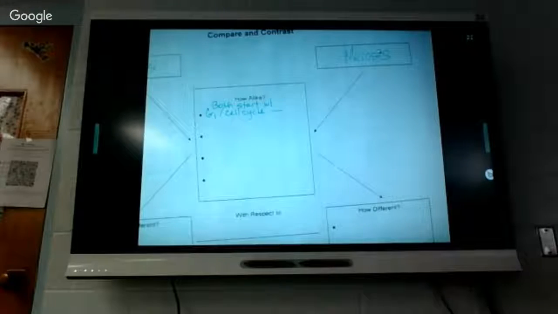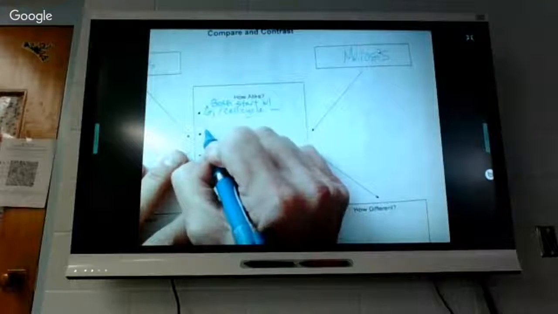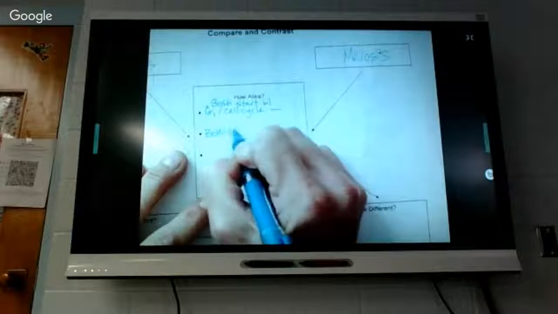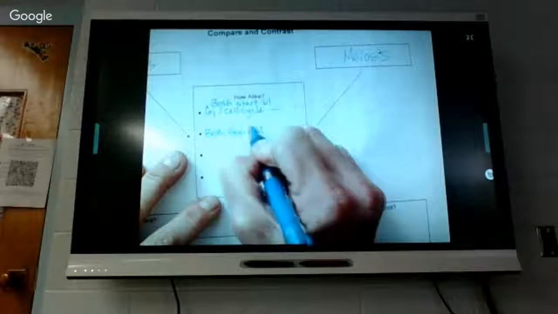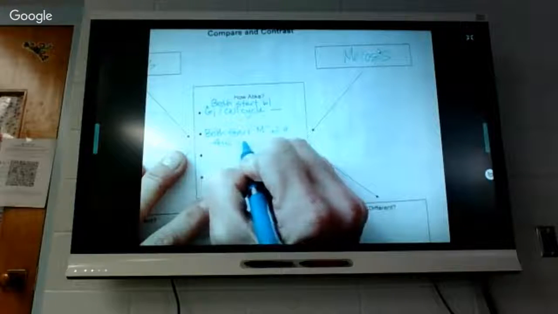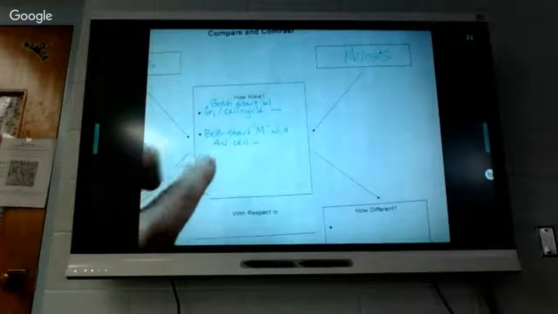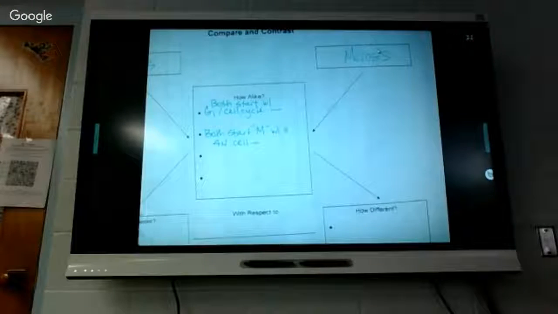Okay, so what cell do they both start out with? 2N or 4N? 2N. All right, so it started 2N, but then DNA doubled, so it went to 4N. So we'll say both start with a 4N cell. And I'm going to leave y'all to find some other similarities.